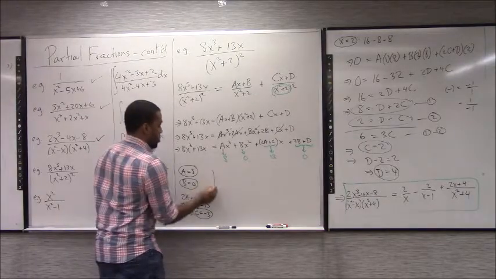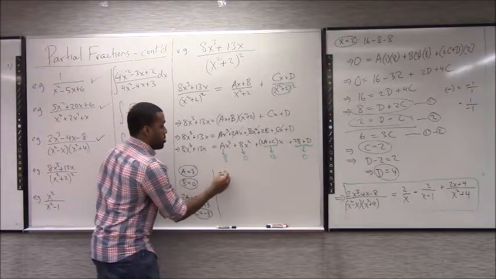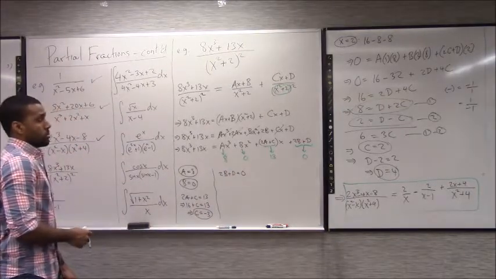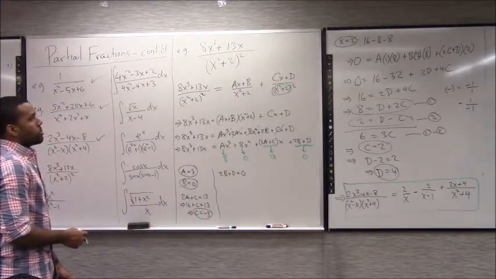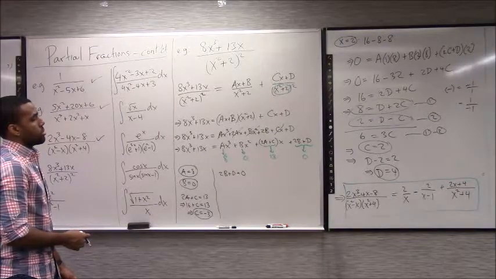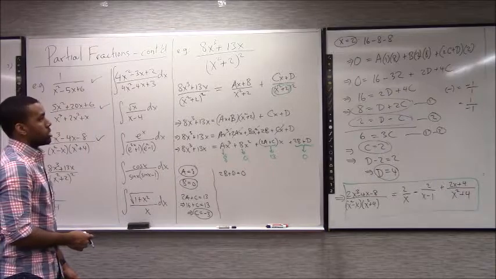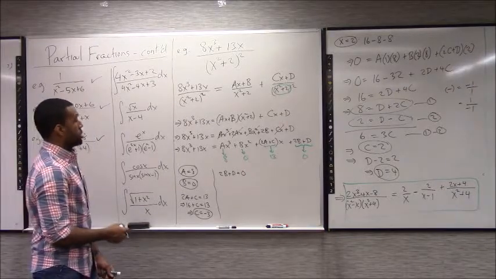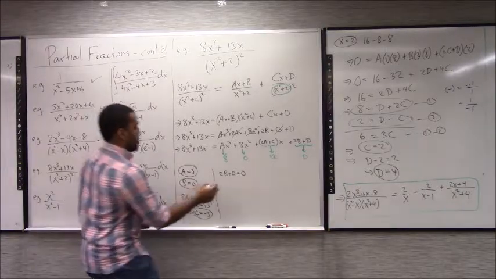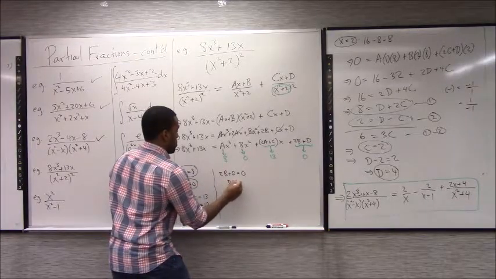We also know that 2b plus d equals 0. My b is 0, so d is 0.